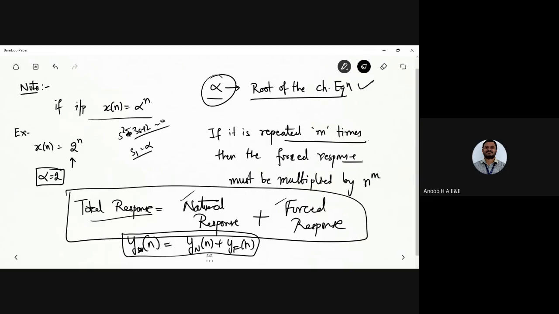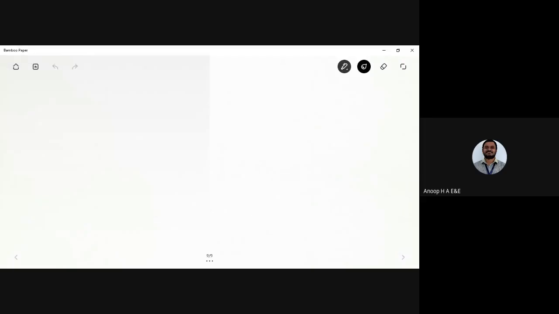At that case, it is repeated only once, and that is the reason why the forced response must be multiplied by n power 1. That's the reason why you can multiply it only once. So that is one important note here, where you can multiply it by n power m if it is repeated m times.